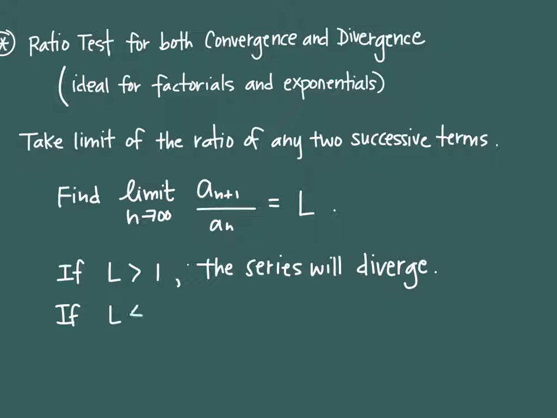If L is less than 1, that means that the second term was smaller, which means the term after that would be smaller. Okay, and so then we can conclude the series will converge. So what's the only other option?